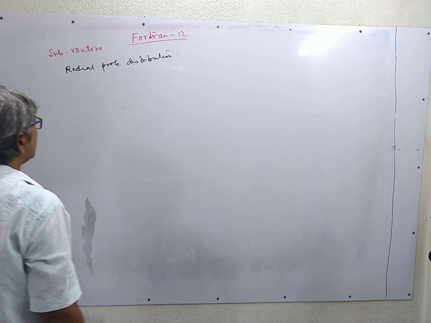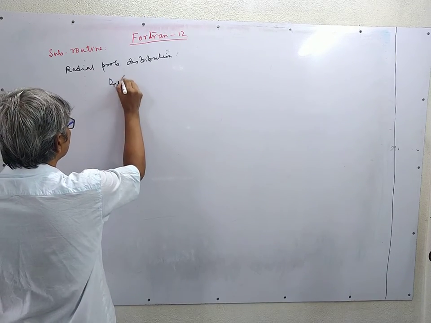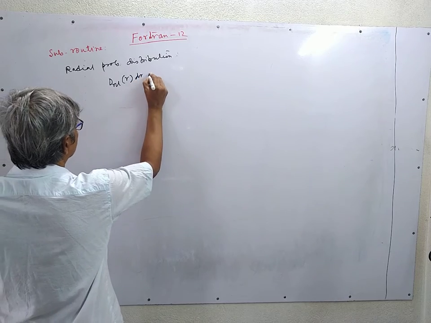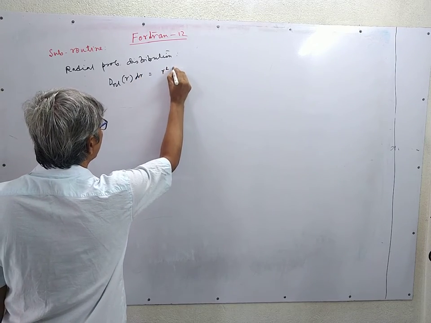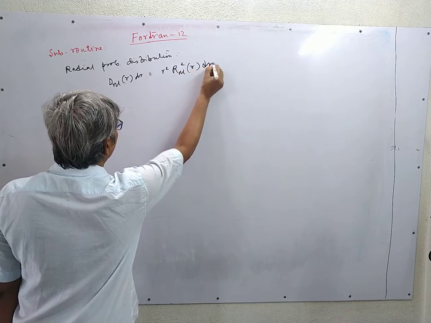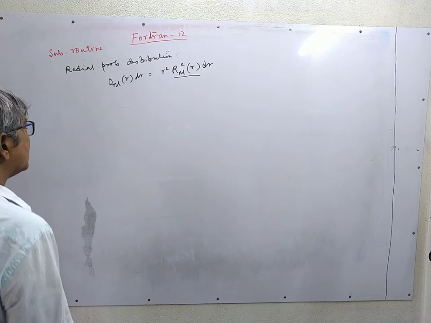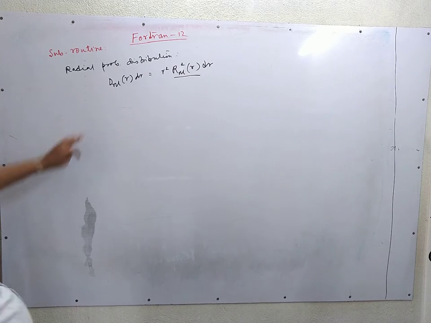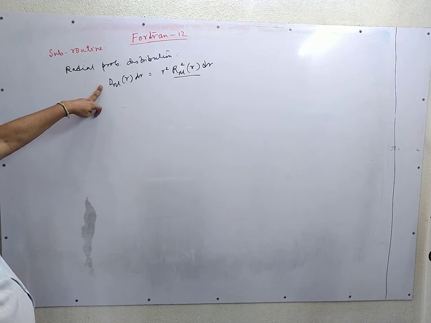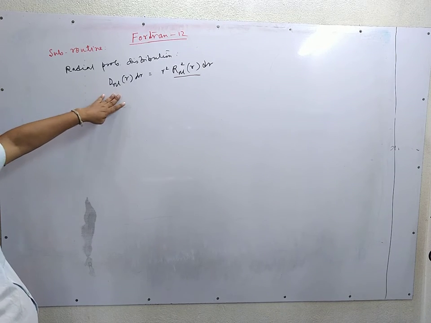RDF, which is known, is defined as D_nl of r dr is equal to r square R_nl square r dr, where R_nl is the radial wave function of hydrogen atom, and D_nl is the radial probability distribution.